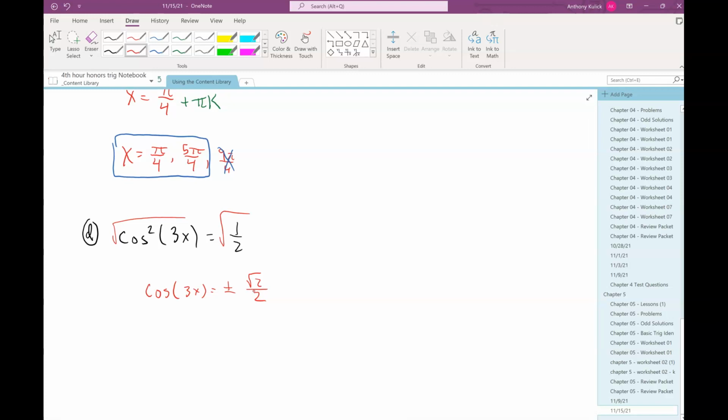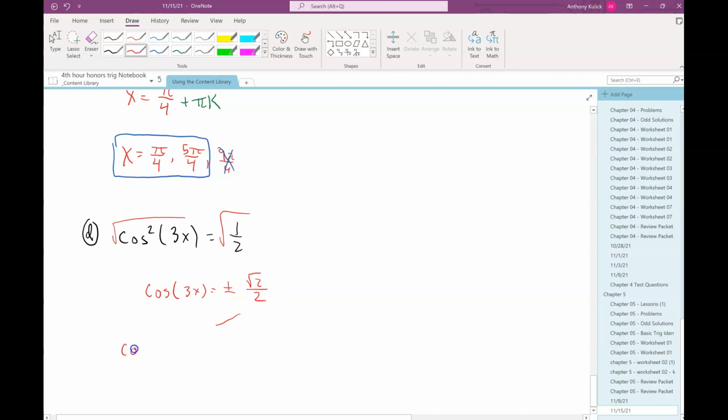The square root of 1 is 1. The square root of 2 shouldn't be in the denominator. We need to rationalize. That's why we get the root 2/2. So everybody, is that okay? If we need to write that out, we can, but I think we've done enough problems that we can get away with just saying it.